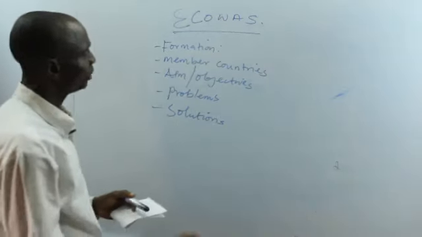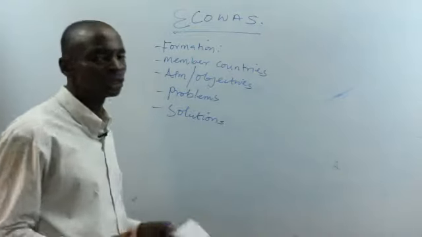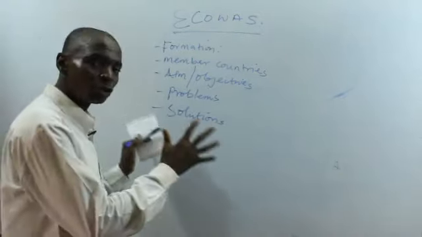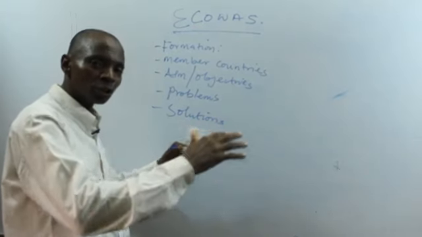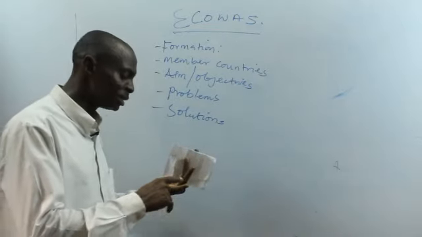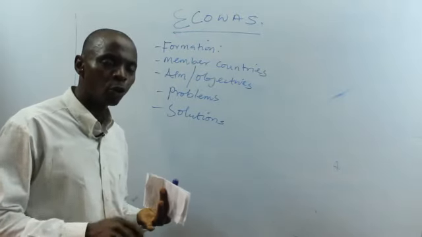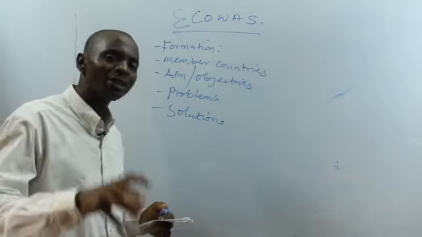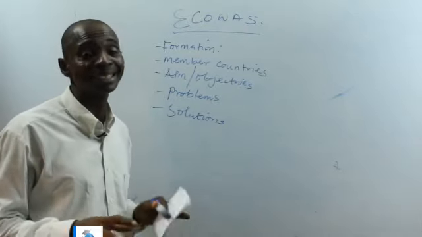Now, let me explain something before we proceed. When we are dealing with regional geography, you are dealing with a region within Africa. That is West Africa. If you are dealing with a region outside your own country, all the member countries are called states.